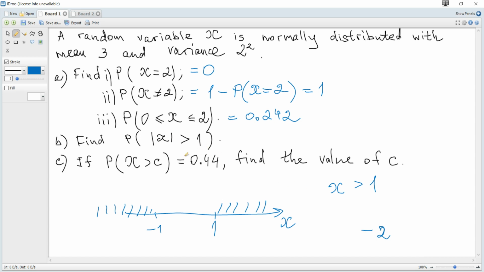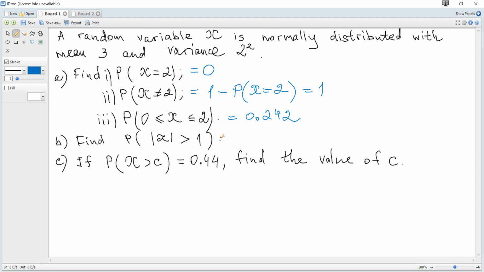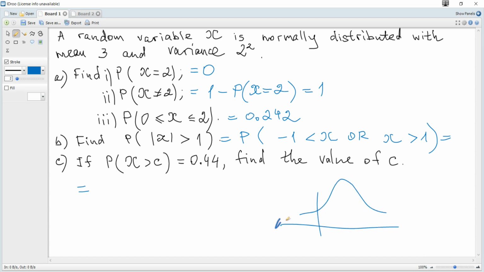So solution is, we can rewrite this probability as probability that x is less than -1, or probability that x is greater than 1, and it will be useful since using a calculator we need lower bound, upper bound, since we need this region and this region.